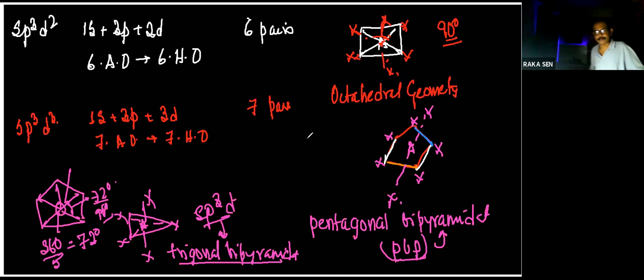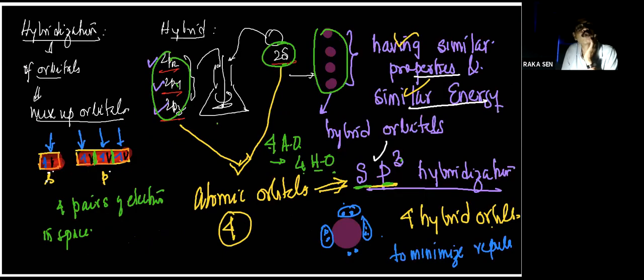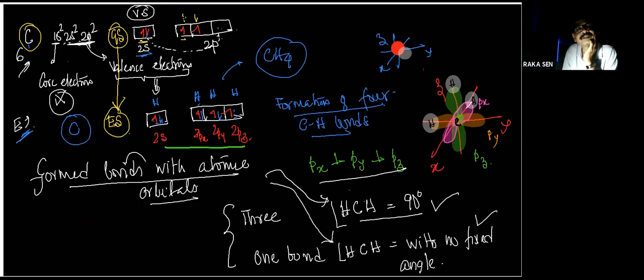So this is what hybridization is all about. Now I'm going to give you the name. Which orbitals have you chosen for hybridization? The valence shell, the valence electrons. You have chosen those orbitals to make a mixture in the valence shell.